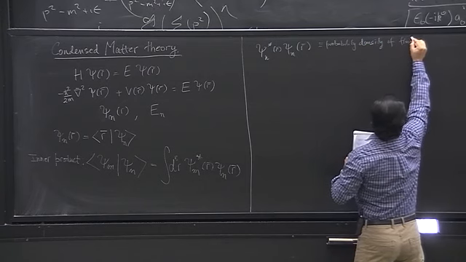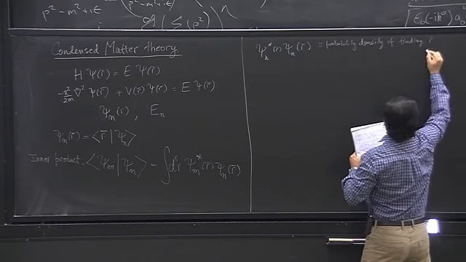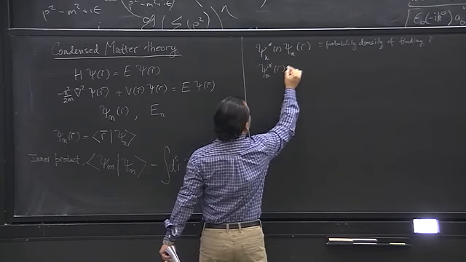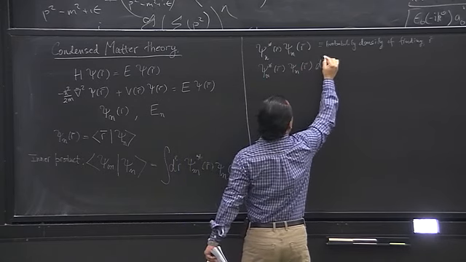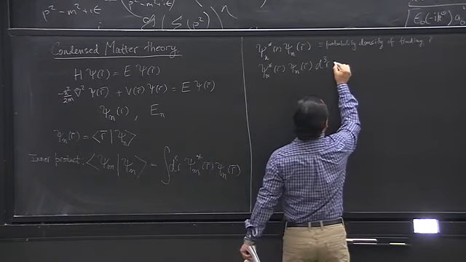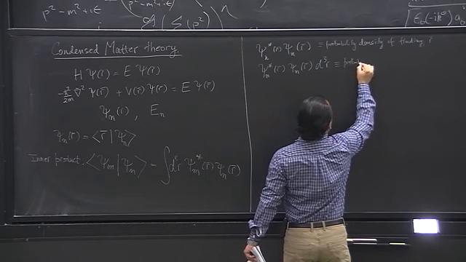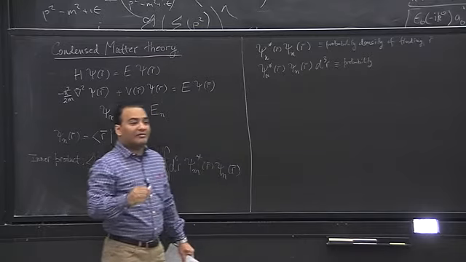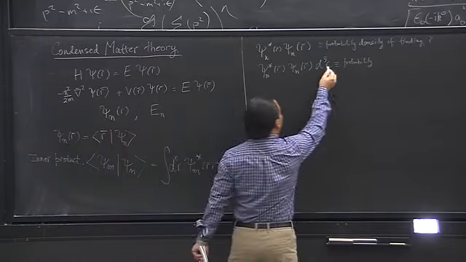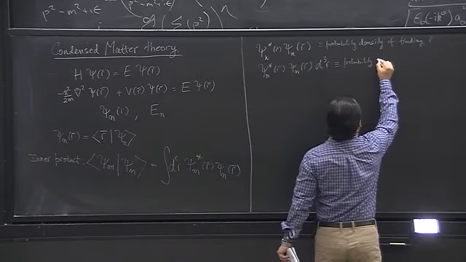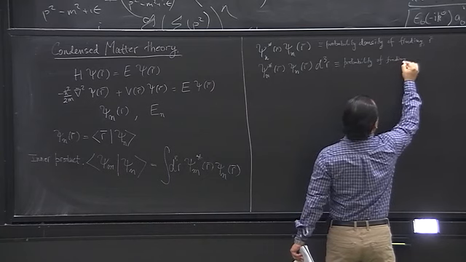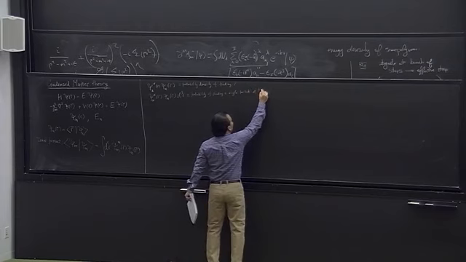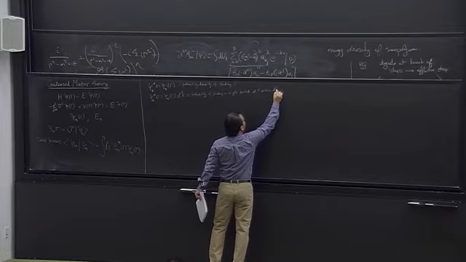If you multiply this probability density by an infinitesimally small volume d cube r, what you get is the probability of finding a single particle at coordinate r, within an infinitesimally small volume d cube r around this r.